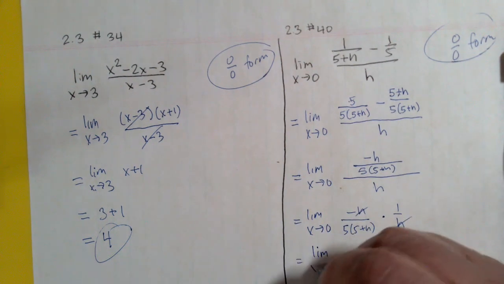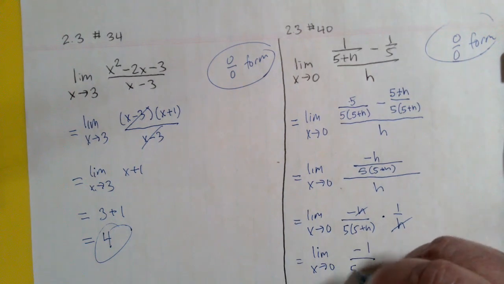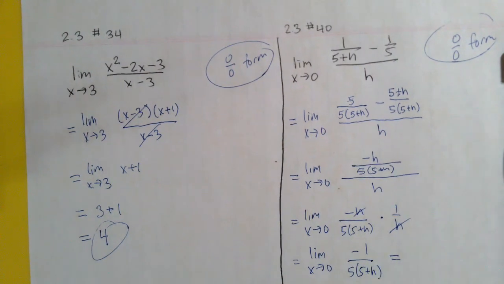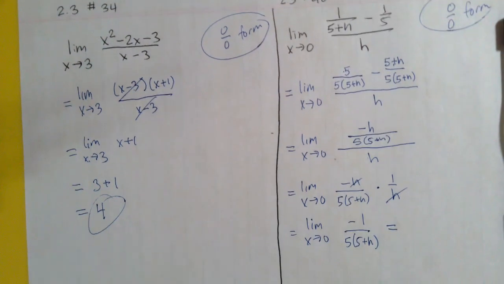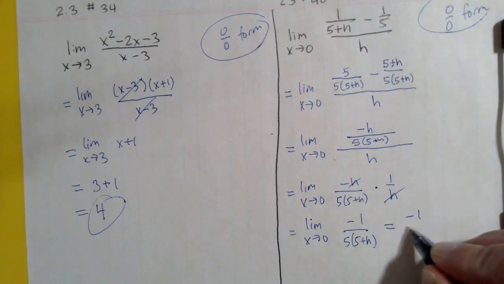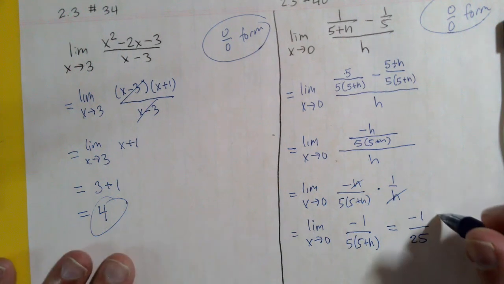So we've got the limit as h approaches 0 of negative 1 over 5 times (5 plus h). We've reached a point here where now we can substitute in h equals 0, because we've got this rational expression. We no longer are getting 0 over 0. So it's okay at this point to substitute in. And when we substitute in 0 for h, we're going to get negative 1 over 25. That's our answer.